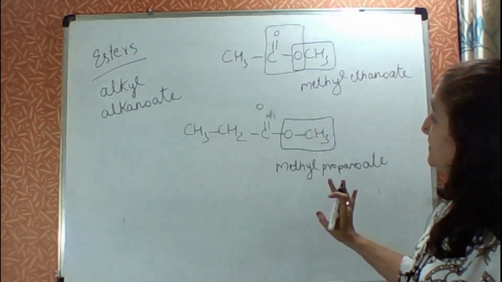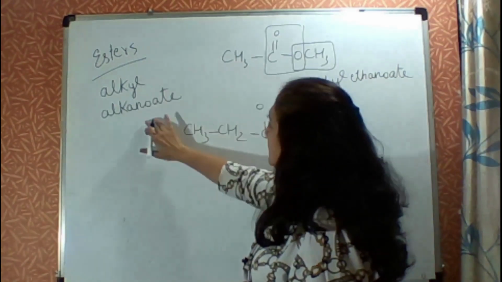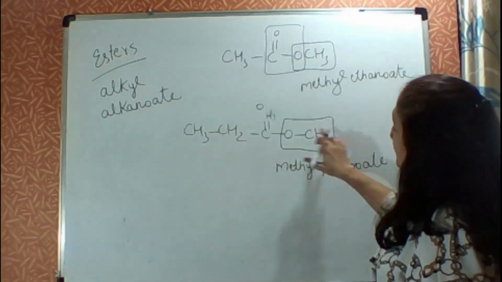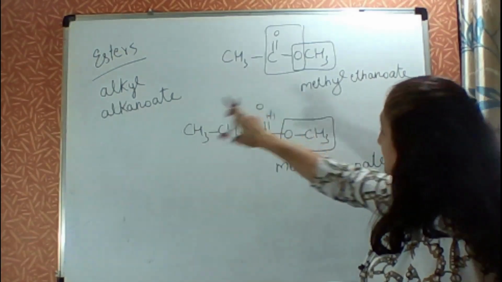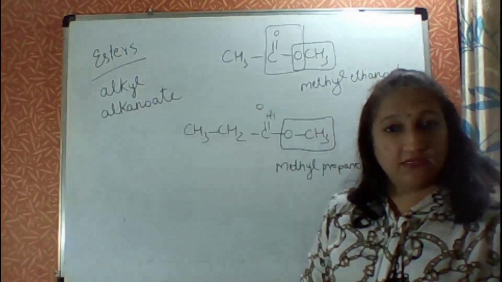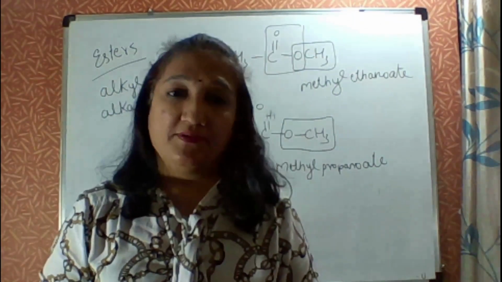Is this clear to everyone? This is how the name of an ester is written, as alkyl alkanoate. The group accompanying oxygen is taken as alkyl and the rest of the chain is written as alkanoate. Clear? COO group is known as ester group.